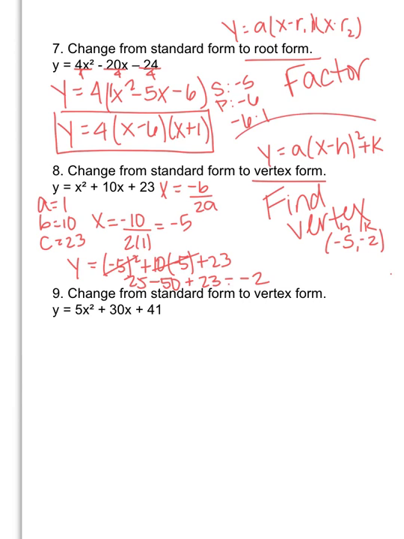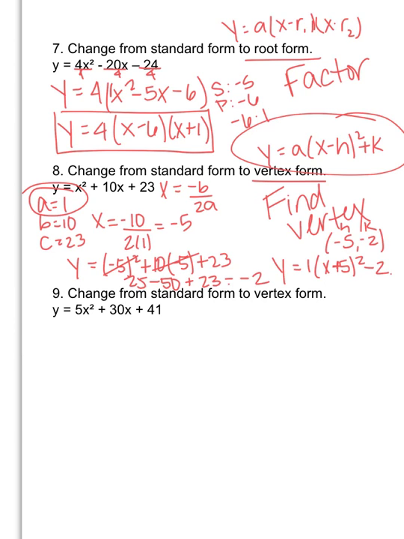So we're going to plug back into our form here. So y equals a. Look back at your a. A is 1. And then x minus our h, which is a negative 5. So that will make it plus 5 squared. And then k on the form is plus k, so it's negative, so minus 2.